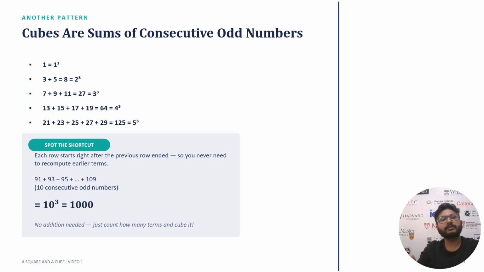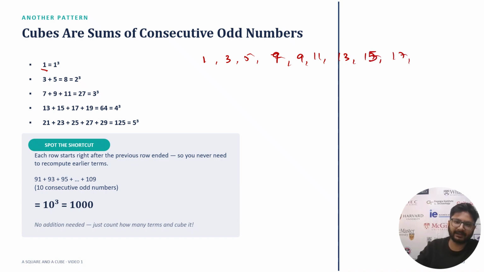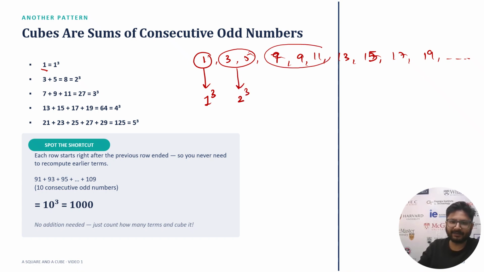Okay. Now, there is another pattern, like we saw a good pattern back in squares. There is another pattern for consecutive odd numbers in cubes. So 1, 3, 5, 7, 9, 11, 13, 15, 17, 19, and so on. 1 is 1 cube, 3 and 5, that is 2 cube, 3 plus 5 is 8. 7 plus 9 plus 11, that is 27.